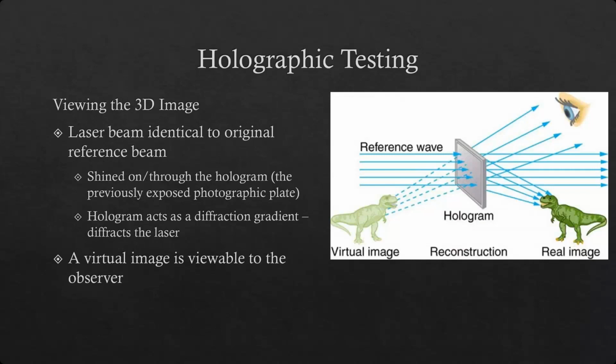So it's allowing different orientations of light to pass through, or reflecting different orientations of light in different areas. Okay. So that's where you get what's called a diffraction gradient, and with our laser, the phases are going to be modified in the same way that you see when you're looking at a visible hologram. Which results in this virtual image, and we're comparing those two virtual images in order to inspect our part.